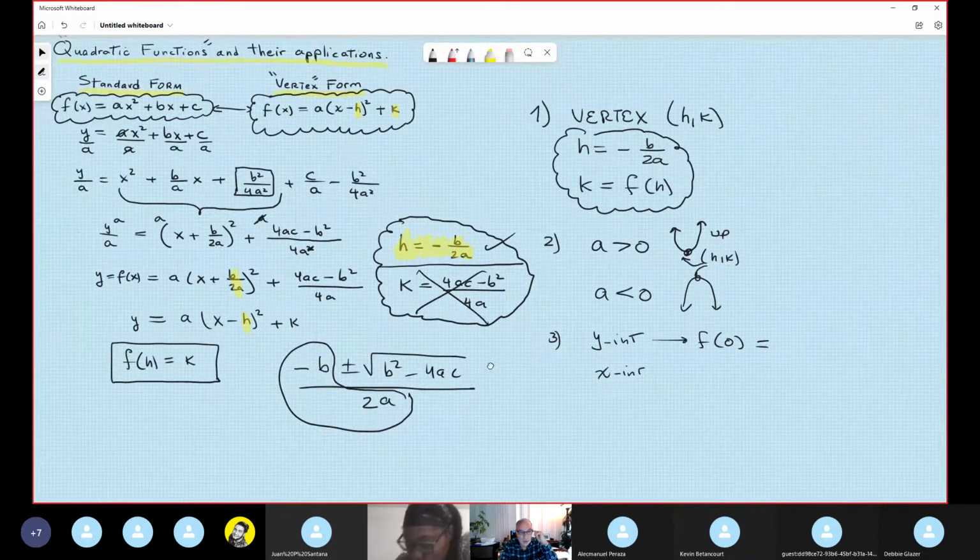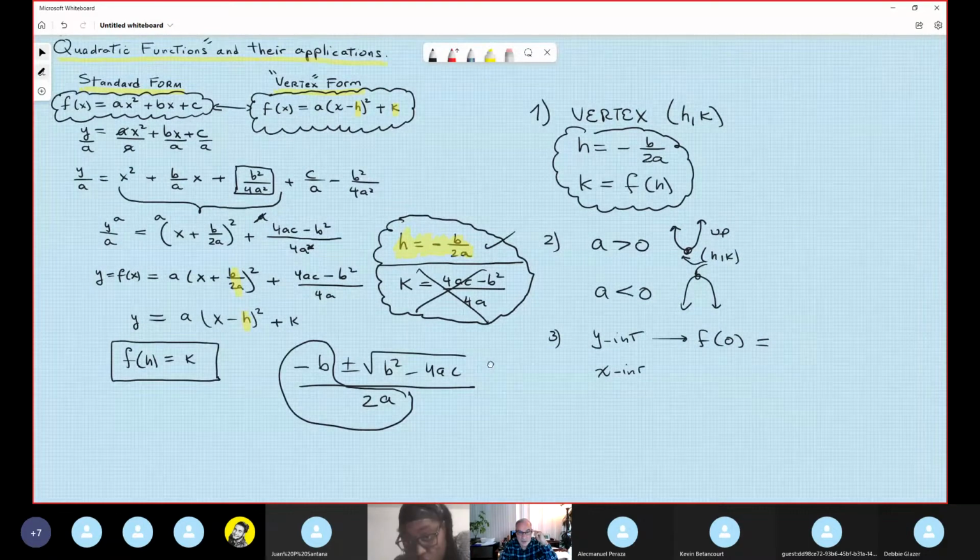Look, suppose this is the advantage and disadvantage. Suppose I have the standard form like that. When you evaluate at 0, that part disappears, that part disappears. Therefore, the answer is c. This is the advantage of the standard form: you see the coefficient c is the y-intercept.